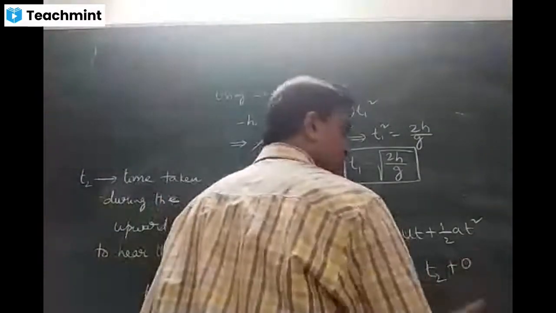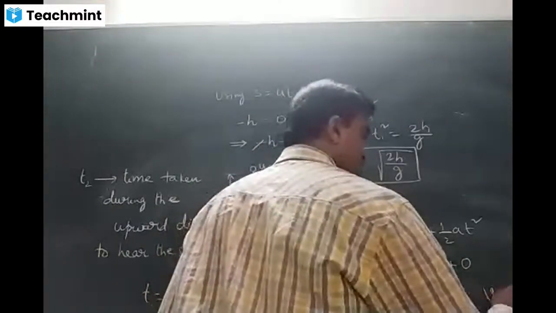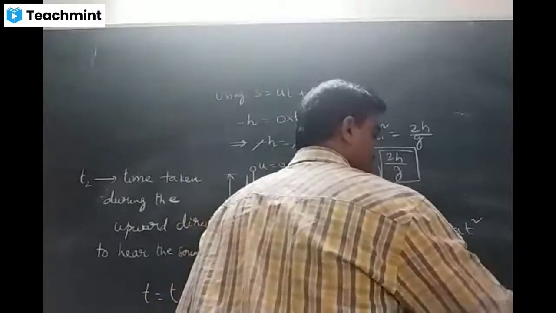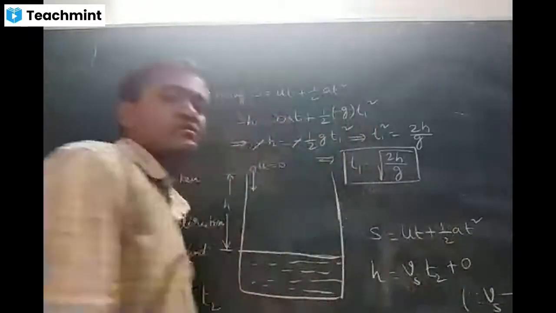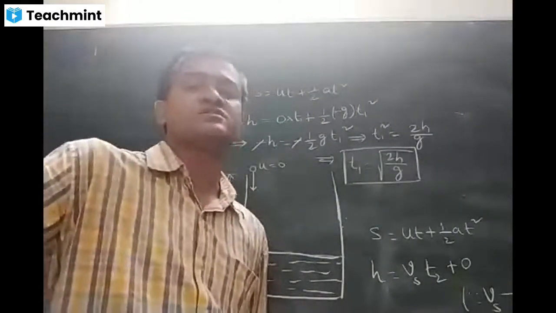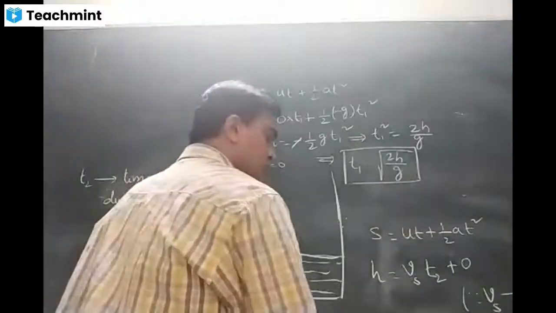Why zero? Since velocity of sound is constant, and whenever velocity is constant, its acceleration is zero. So from this, what is the value of t2?